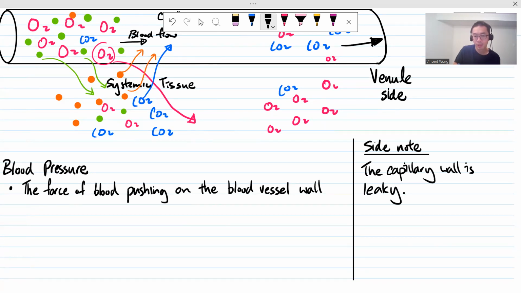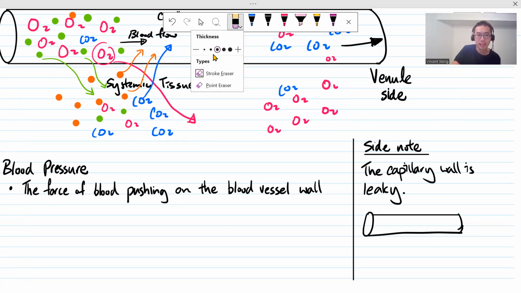So if you draw the capillary again, the wall is leaky. Now, this is an exaggeration.